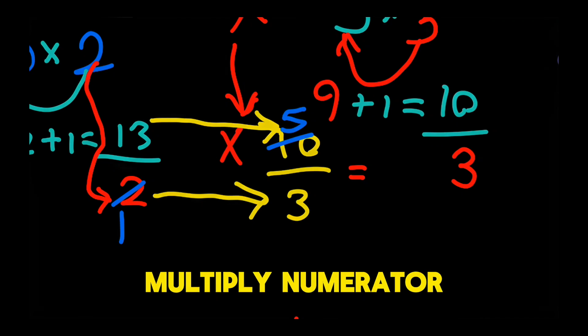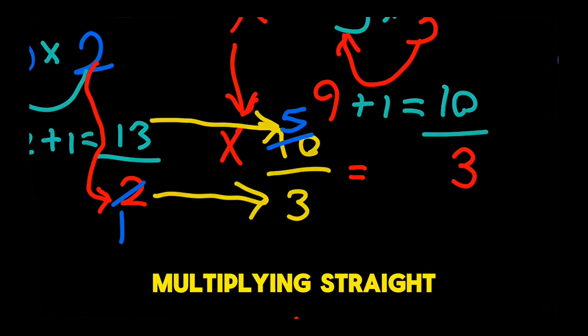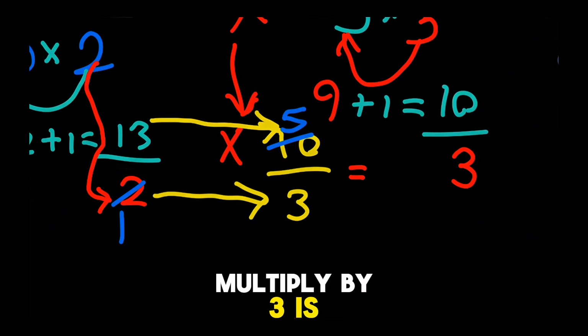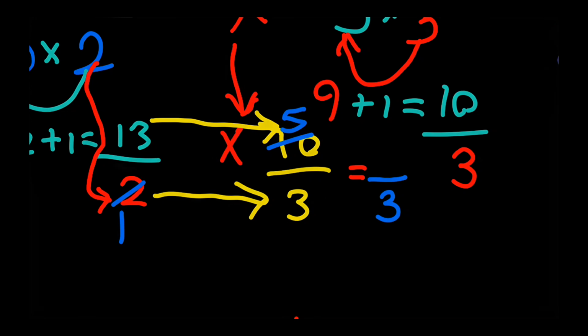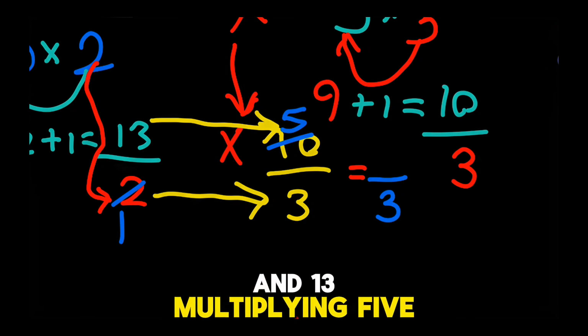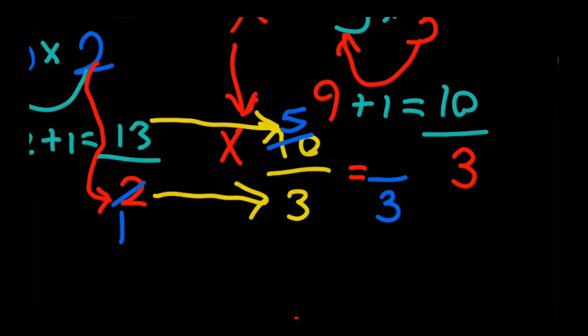So now we can multiply numerator by numerator, denominator by denominator, multiplying straight across. 1 multiplied by 5 is going to be 5, and 3 multiplied by 13 will be 39. Hmm, as spoken: 1 multiplied by 3 is going to be 3, and 13 multiplying 5 will be 65.